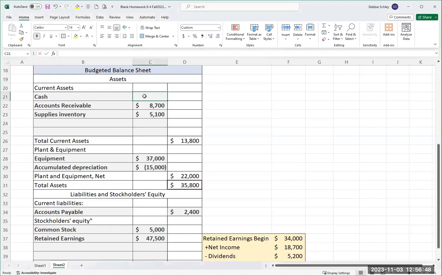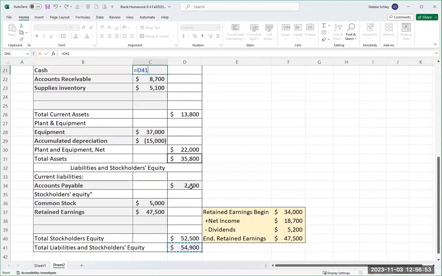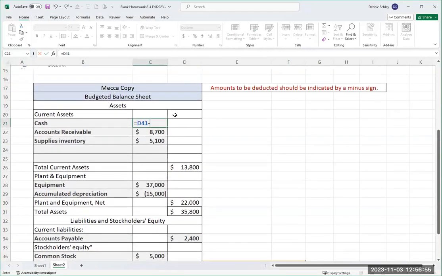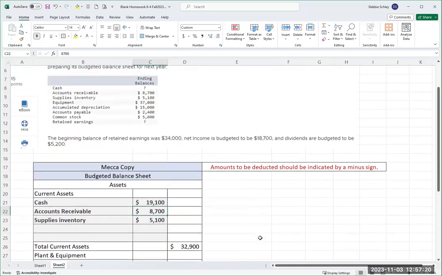Okay, so we're going to do equals the 54,900, and then minus accounts receivable, minus supplies inventory, minus plant and equipment net, and that should equal my beginning cash balance. And now you notice my total assets and my total liabilities and stockholders' equity balance. So my balance sheet is in balance.